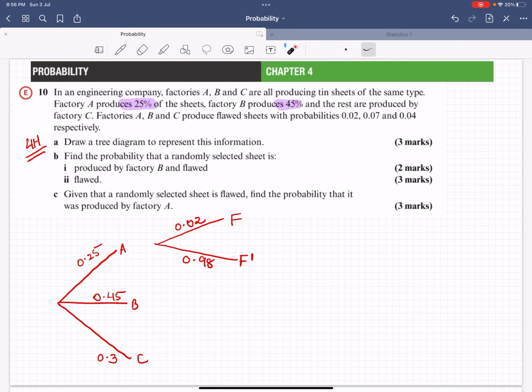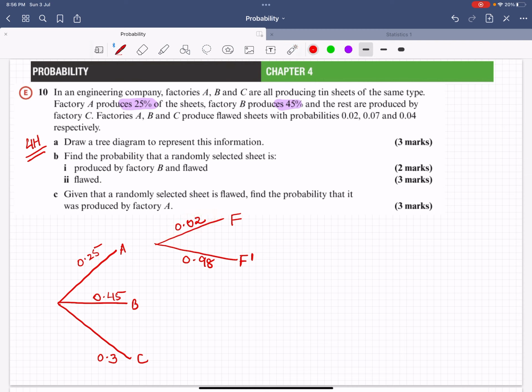Any branches originating from a point must add up to 1. So this is a point. From here, this and this part of the branch must add up to 1. So if this is 0.02, then this has to be 1 minus 0.02, which is 0.98.